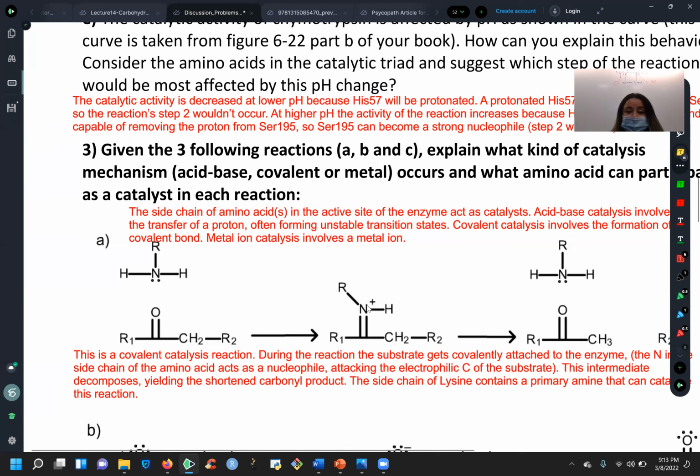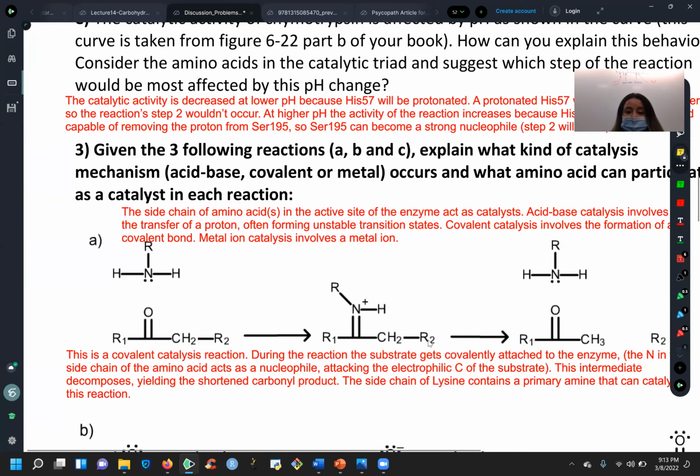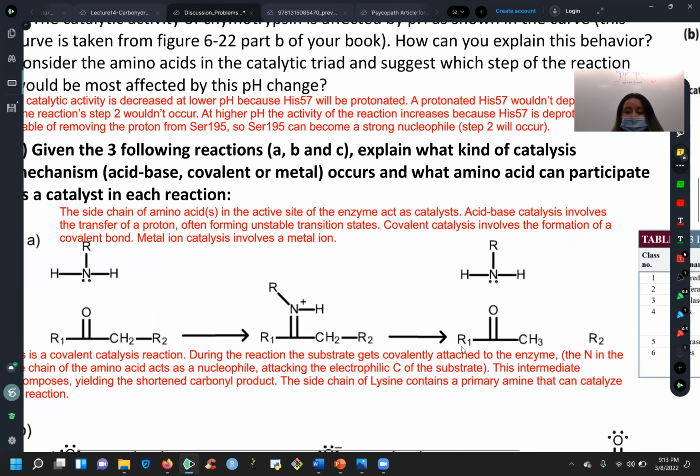You got the R group, you got the hydrogen, and then you still have the CH2 and the R2. Then another reaction. All of a sudden you have R1, your oxygen is back, and now you have CH3. So your R2 was cleaved. The first thing you have to do is look at what you're starting with, look at the reactions that happen, and then look at your final products. You have 3 separate products now.